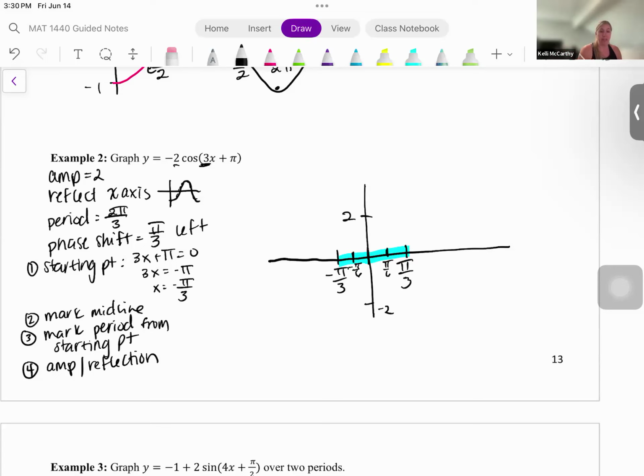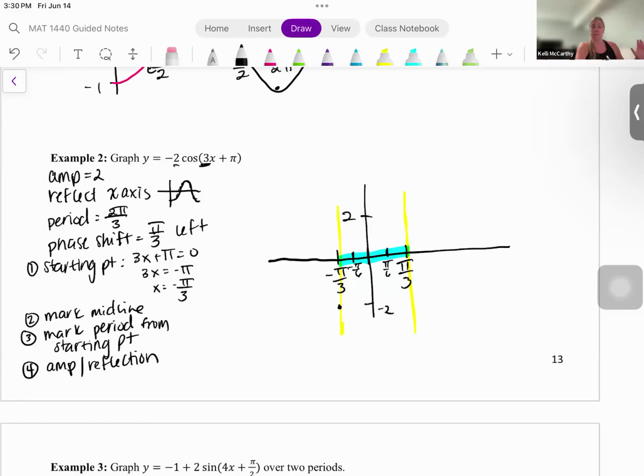And because we have that negative reflection at our starting point, again, we're thinking about these yellow lines bounding 1 period. So we're going to start our curve for cosine at that left bound and end it at that right bound. Because we had that vertical reflection, we're going to start at the minimum instead of the maximum, right?